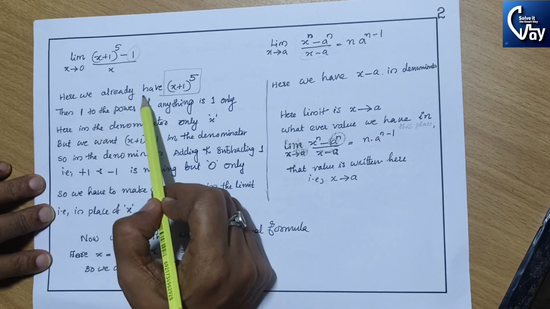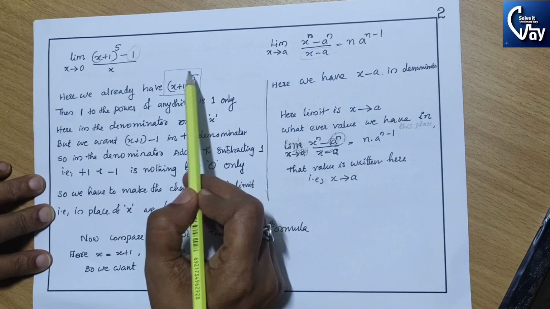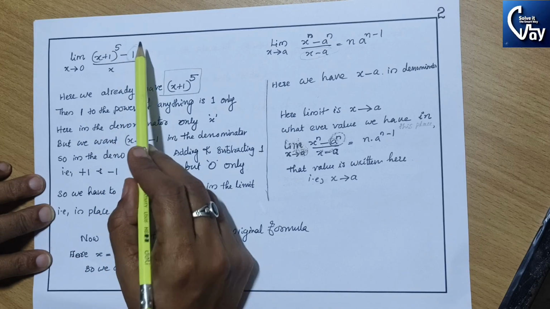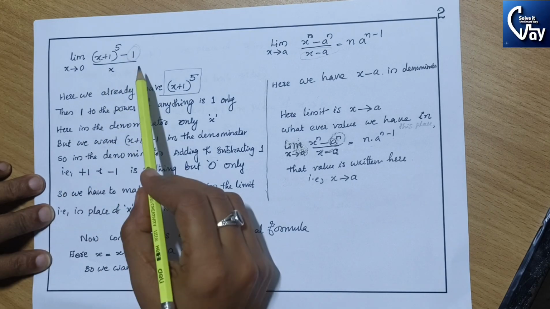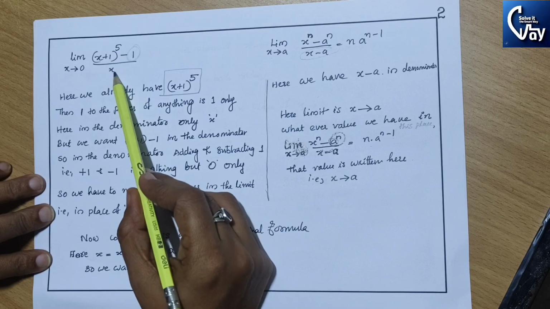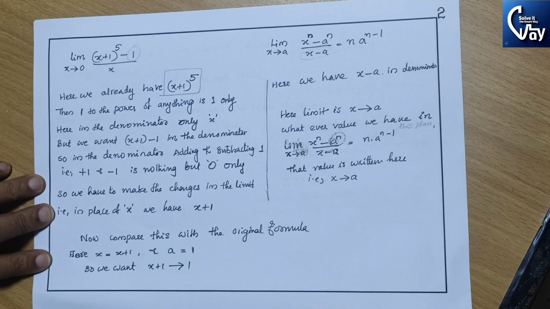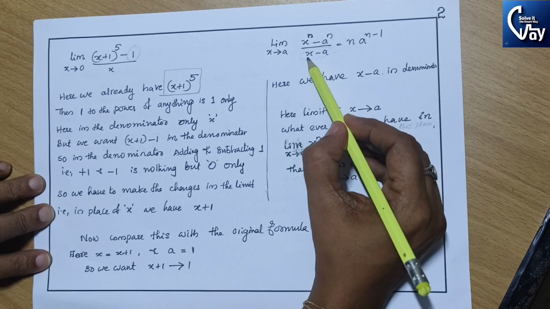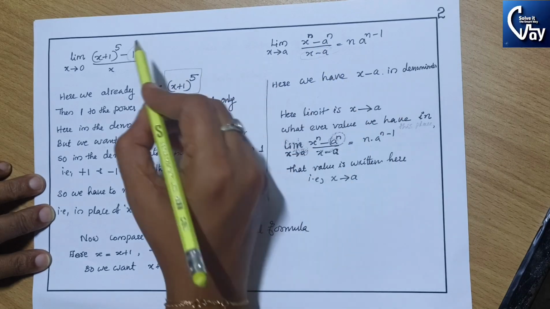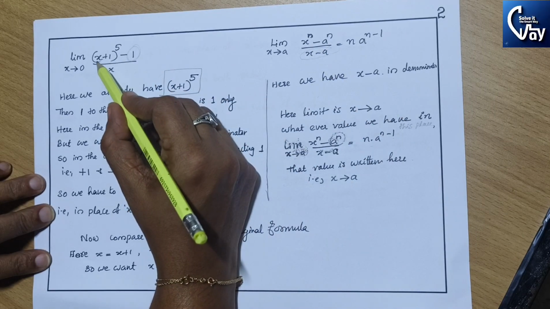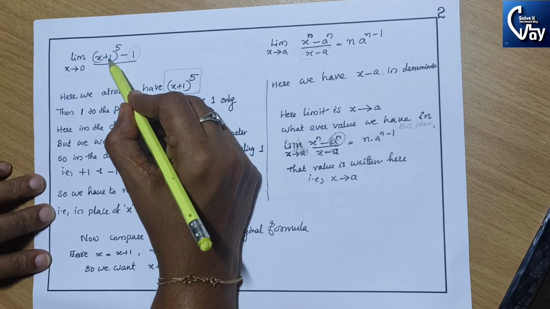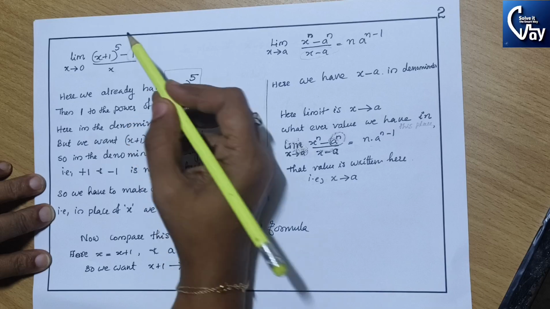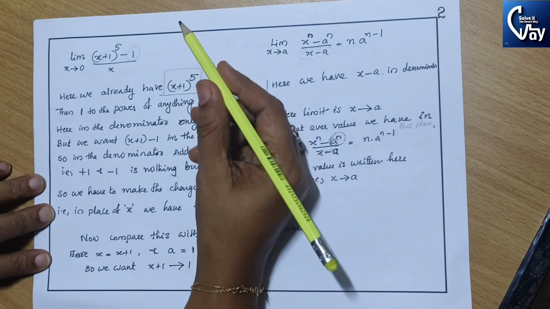In this question, we already have (x plus 1) whole raised to 5. Then 1 to the power of anything is 1 only. Here in the denominator only x is there. But we want (x raised to n minus a raised to n) divided by (x minus a). In this question, in the numerator (x plus 1) whole raised to 5 minus 1. 1 will be written as 1 raised to 5. No problem, 1 raised to 5 is 1 itself.